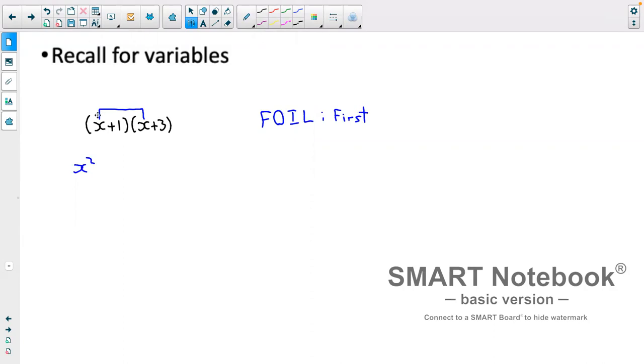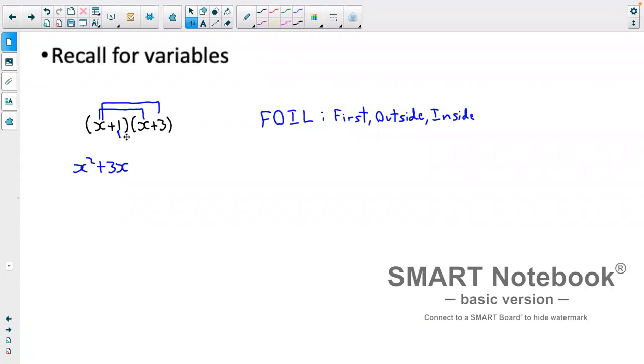O stands for outside, so our two outside terms. So we have x times 3 gives us 3x. I was inside.